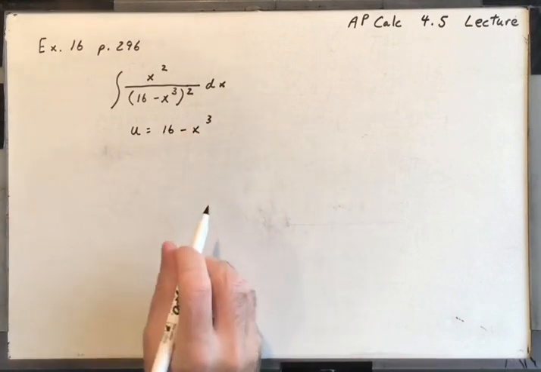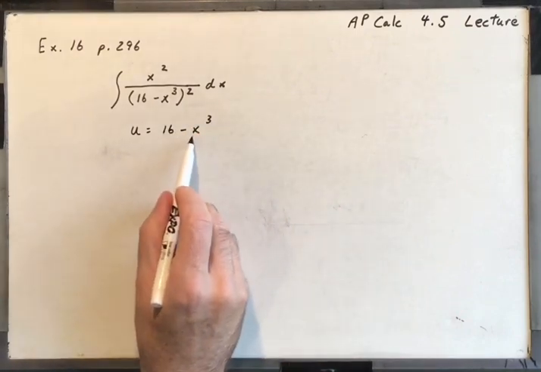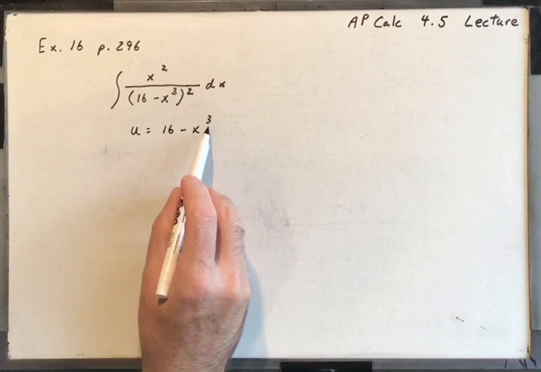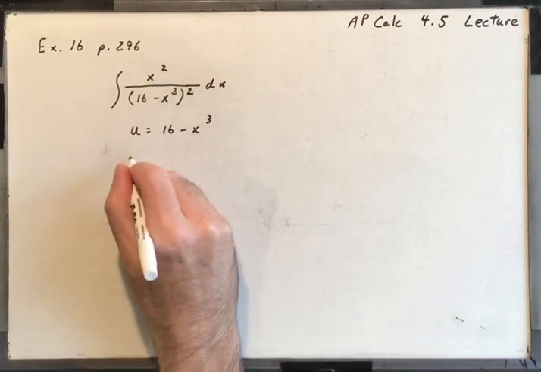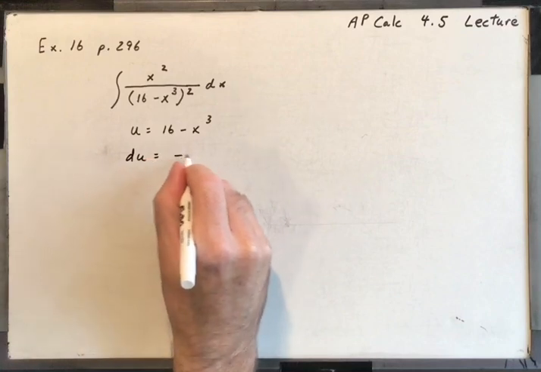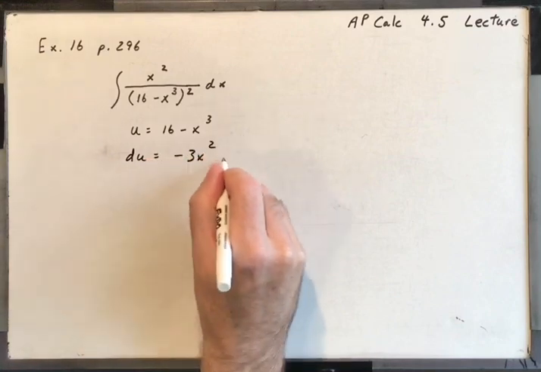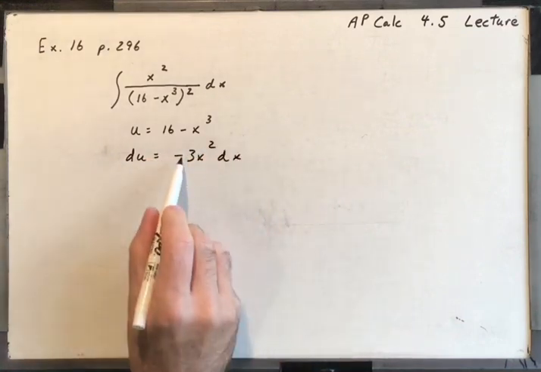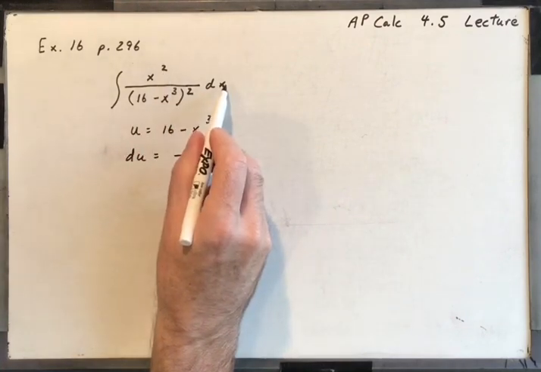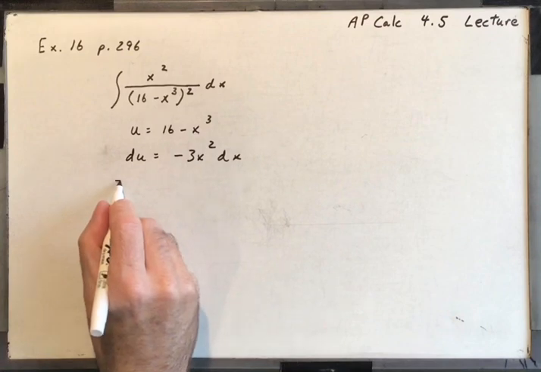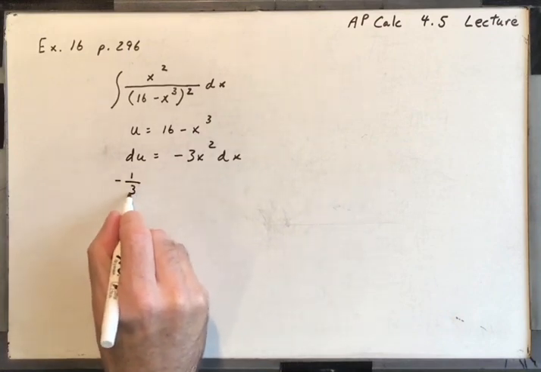Why did I pick that? Because when I take the derivative, it's minus 3x squared, but I have a version of x squared dx. So du is equal to minus 3x squared dx. I don't want minus 3 though. I just want x squared dx. So let's divide both sides by negative 3.